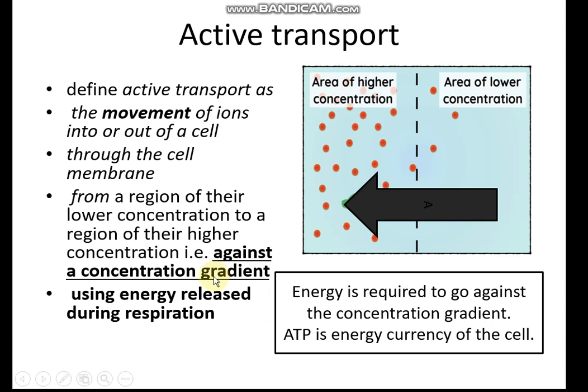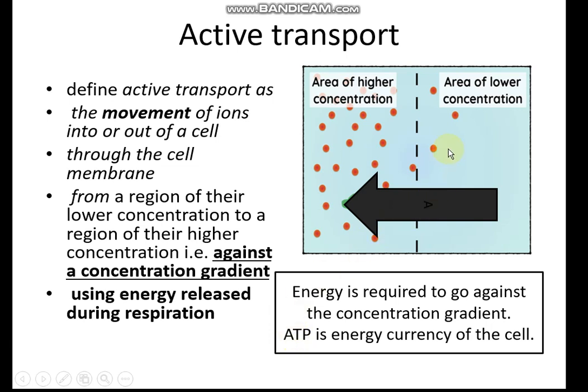And as the molecules have to move against the concentration gradient, this process requires energy. And where does this energy come from? Yes, energy is released during the process of respiration, and you are all familiar with respiration. Energy comes in the form of ATP.